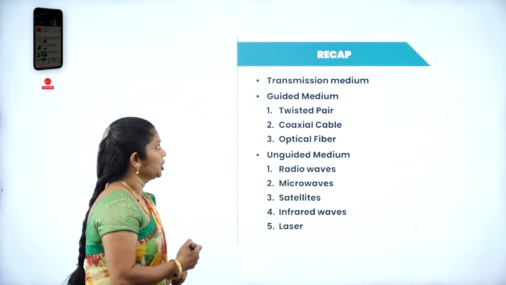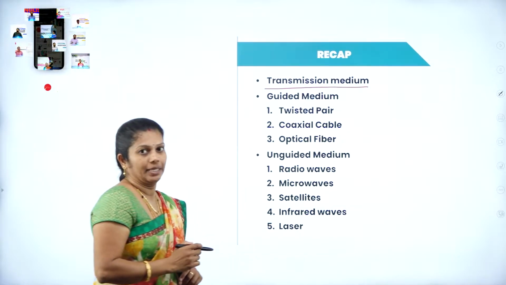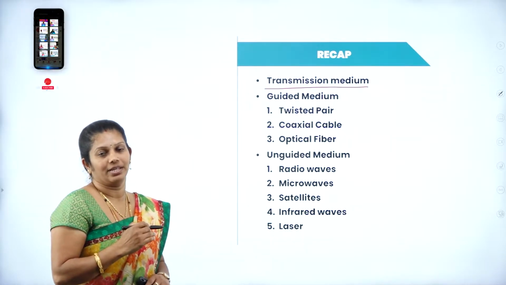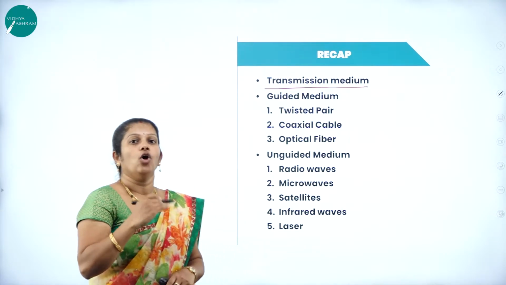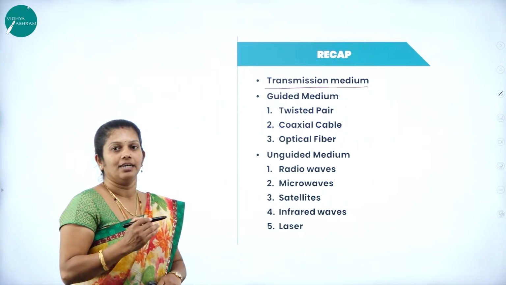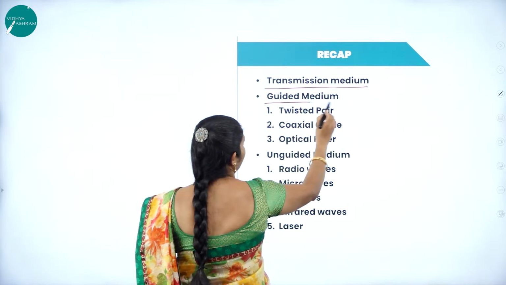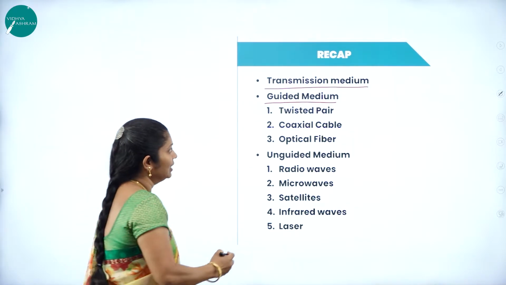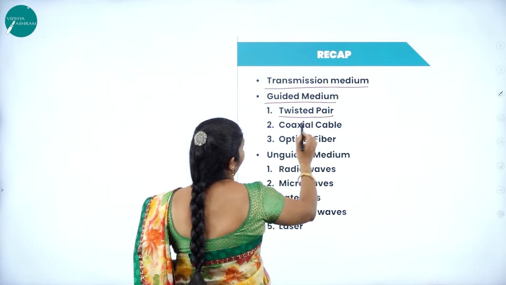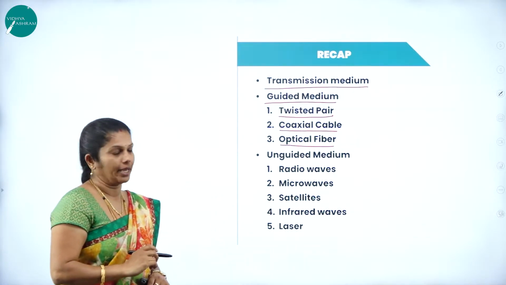In the previous session, you studied what we mean by transmission medium. That is how we are transferring the data from one node to another node, whether through cable or through signals. Under the guided medium, that means with the help of cables, we transfer data using twisted pair cable, coaxial cable, as well as optical fiber cable.